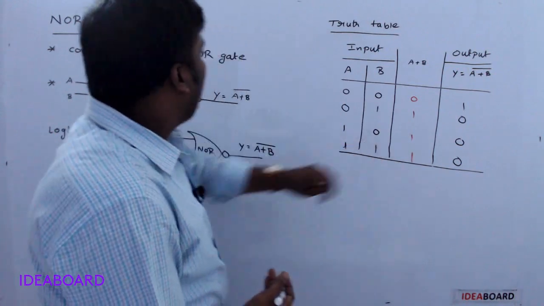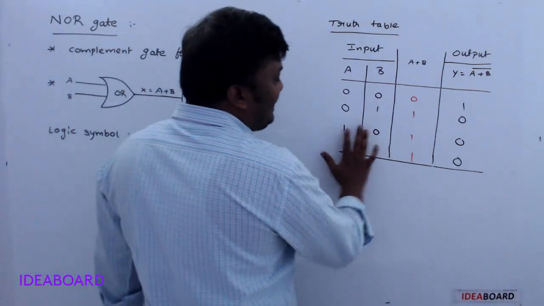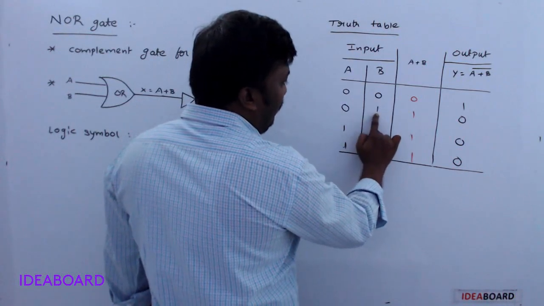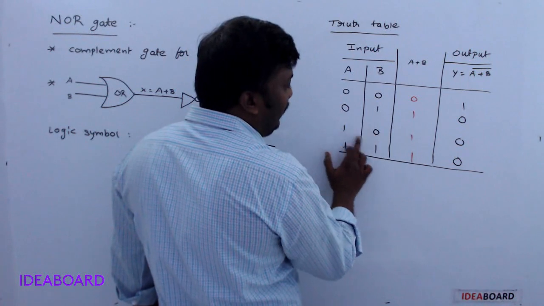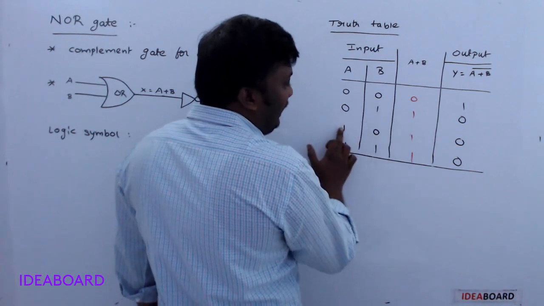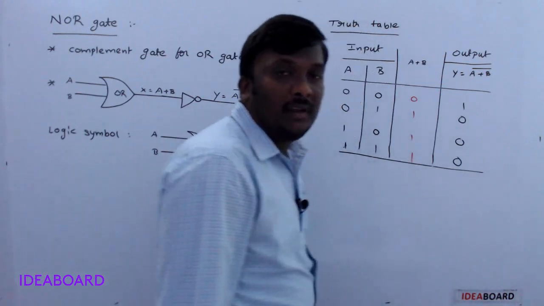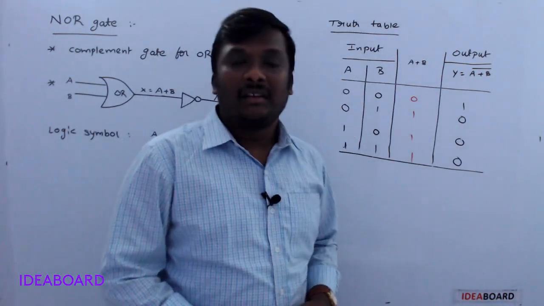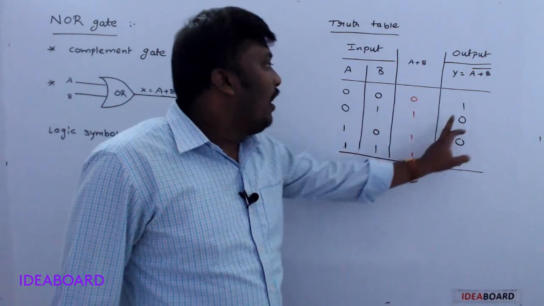Two statements for NOR gate. What are the statements? Properly see. Here one is there, one is there, here also one is there. Whenever any one input is high, output you got low. So what is the first statement for NOR gate? Any one input is high, output is low.